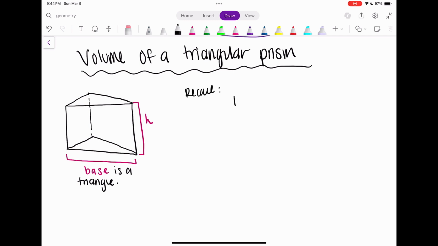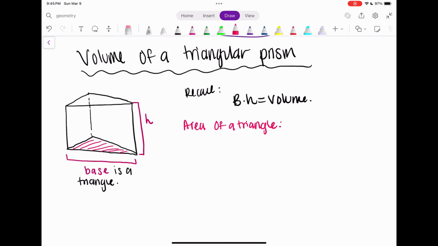So I want us to recall again that base times height was our original generic formula for volume. I want us to look at the base here, okay? And the base is a triangle, so I need to write the area of a triangle so that I can substitute it for B and be able to get my volume for this formula.